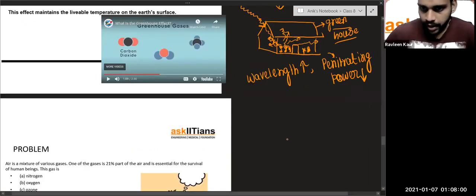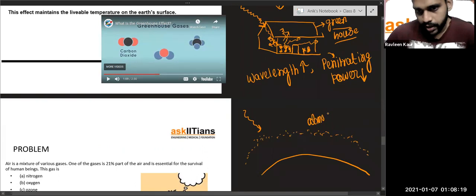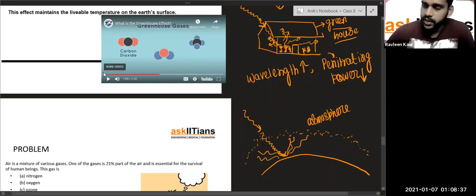The light is coming down to the earth, but the earth is surrounded by the atmosphere, right? After the light comes down to the earth, when it tries to go away, it is not being able to do that. As a result, the temperature of the earth is getting increased.